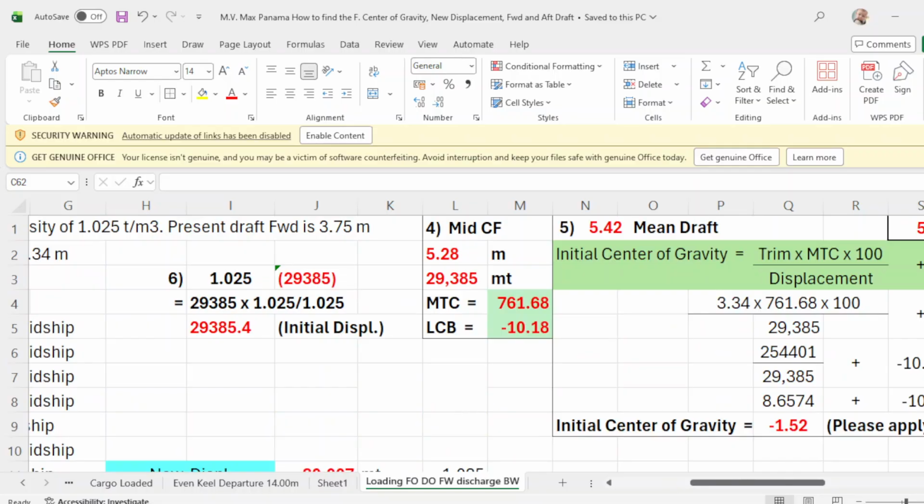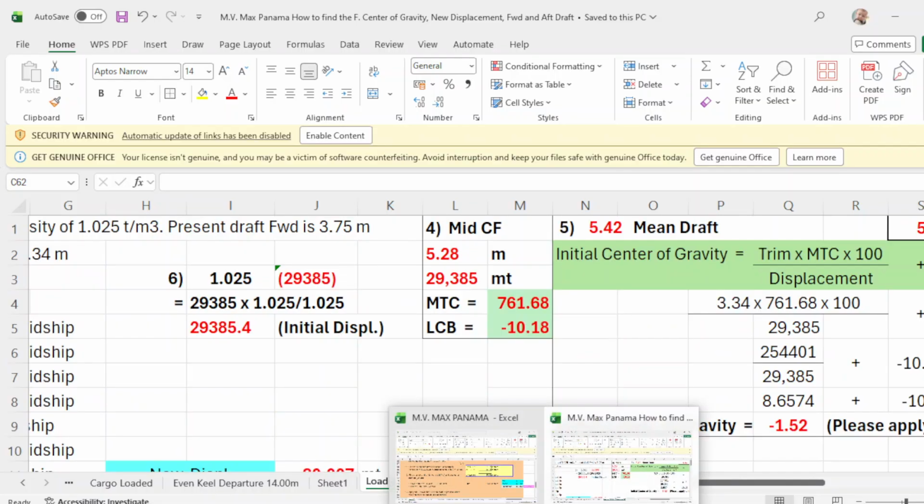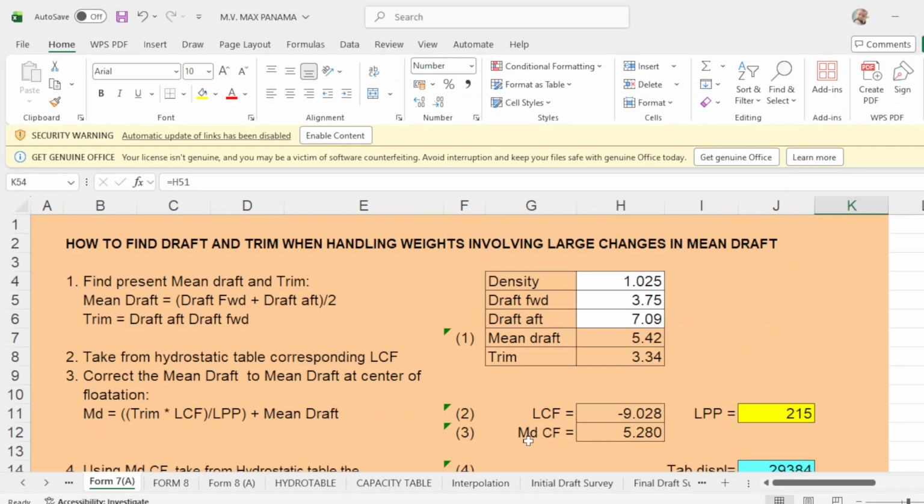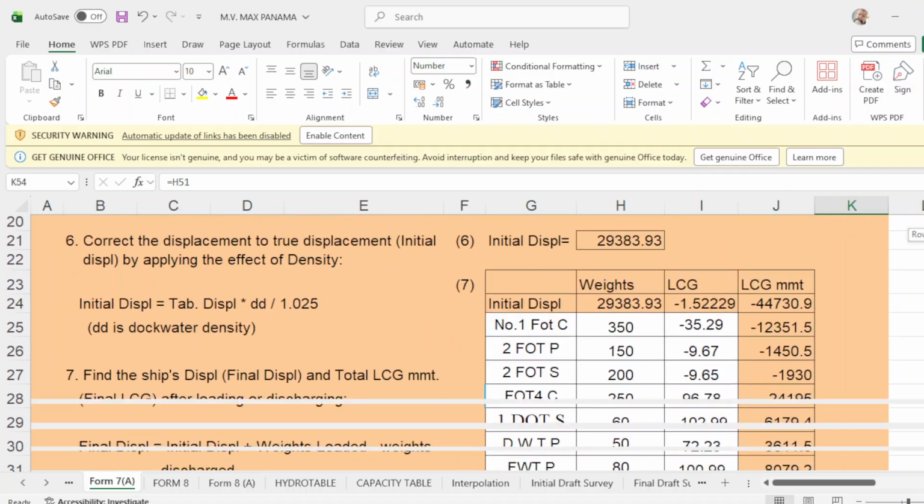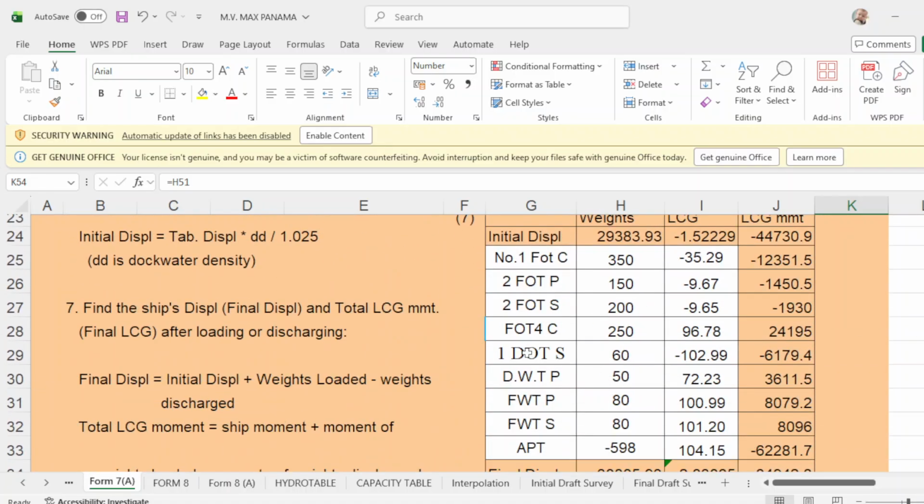This is manual computation, and this one is by the program, which is in form number 7A. All you have to do is write in the white column cells. You insert the figures, the density, forward and aft draft, and we fill in the weights.